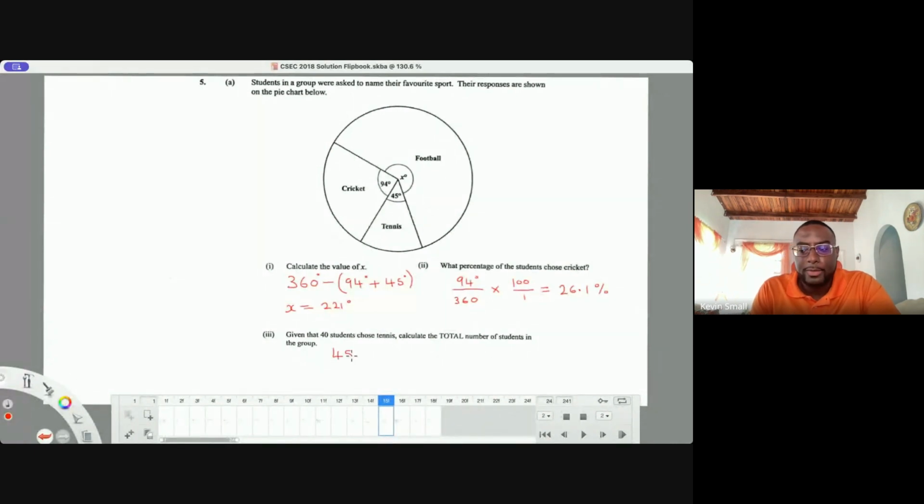So if 45 degrees represent 40 students, then 45 by 8, it is 360, should equal 40 by 8, which is 320 students.